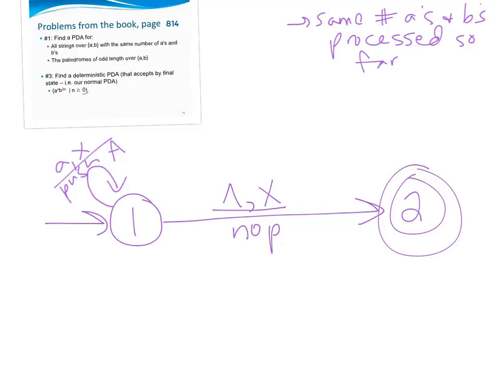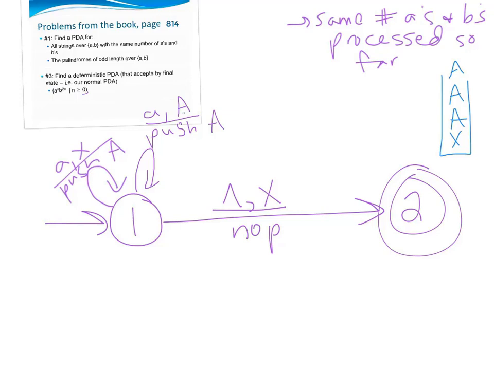And if I see more A's after that, let's push more A's on the stack. So if I see a little A and there's a big A already at the top of the stack, I'll push another A. All right. So as long as I keep seeing A's and I have more A's than B's, I'm just going to pile up those A's. So maybe my stack has an X and then it'll have a bunch of A's on it, each one representing an extra A. At some point a B is going to come along, we hope, if we're going to accept this.